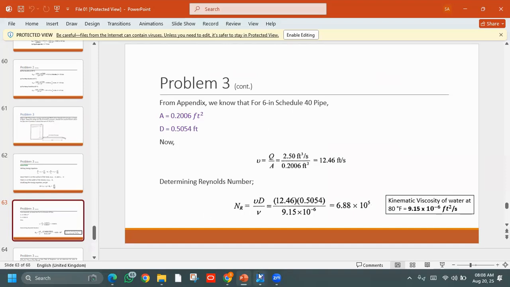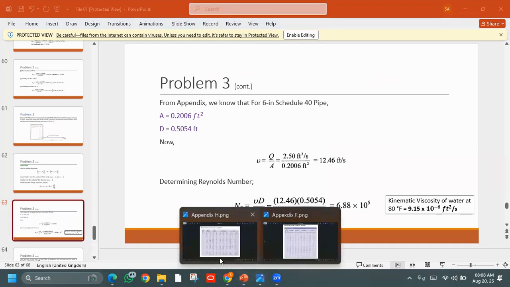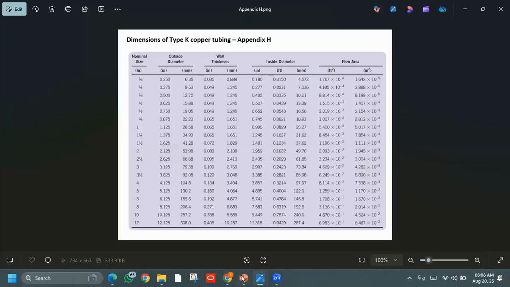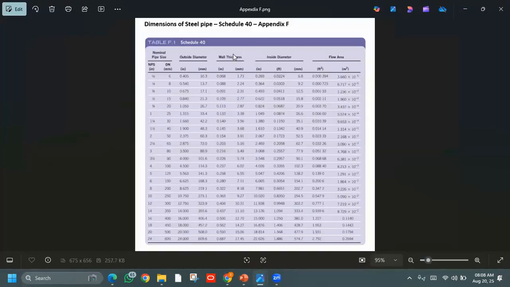You can see from the table, for schedule 40, the nominal diameter of the pipe was 6 inches and its inner diameter is 6.065 inches, and the inner area of that pipe is 0.2006.